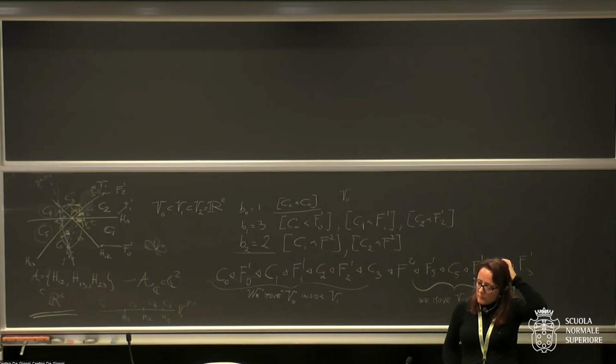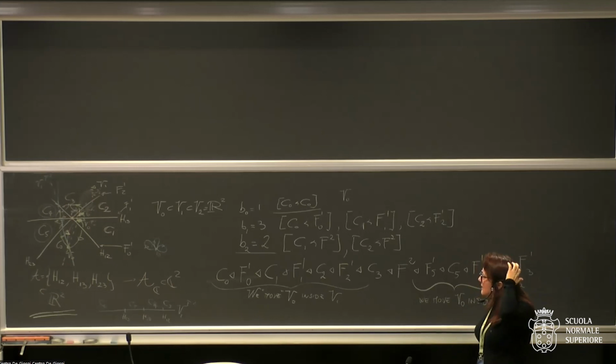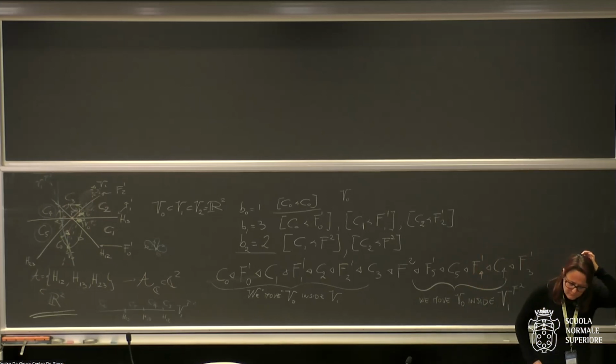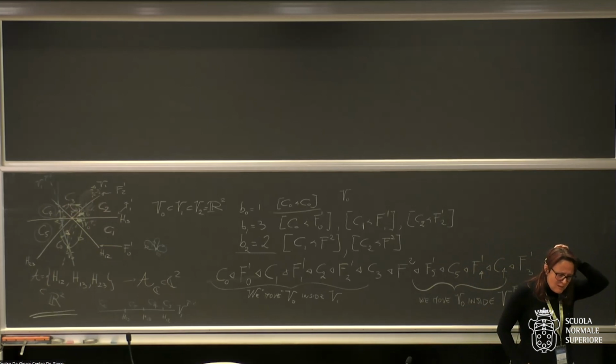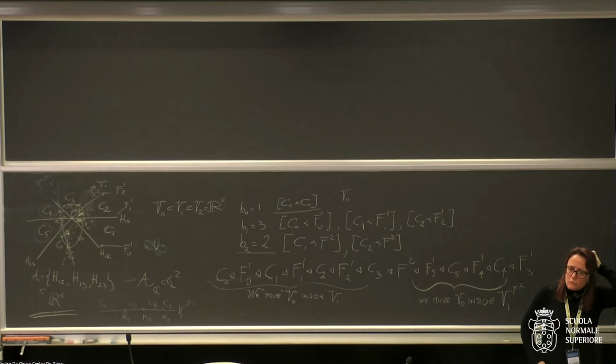What is the relation between the nerve of this poset and the Salvetti complex, if there is one? I don't know. I guess, well, I think they are essentially the same thing, which was one of the ways used to generalize the Salvetti complex, I think, but I'm not totally sure. Okay, thank you.